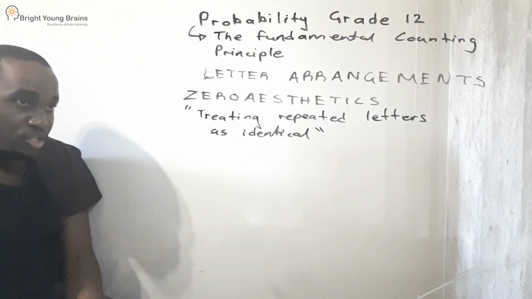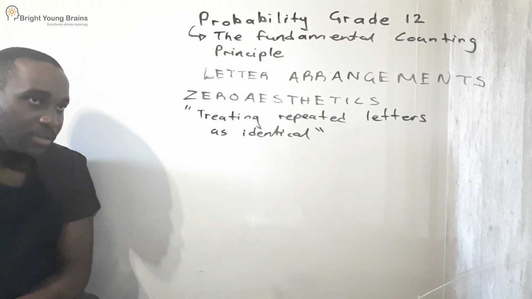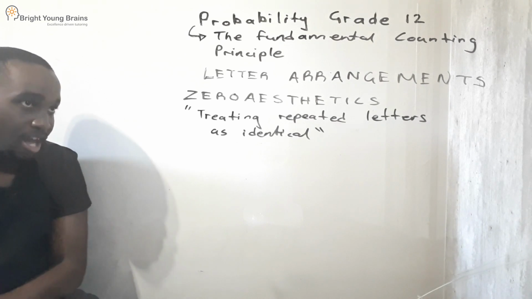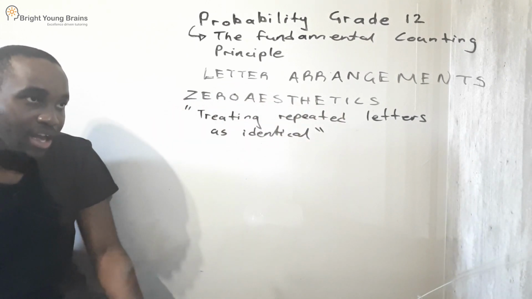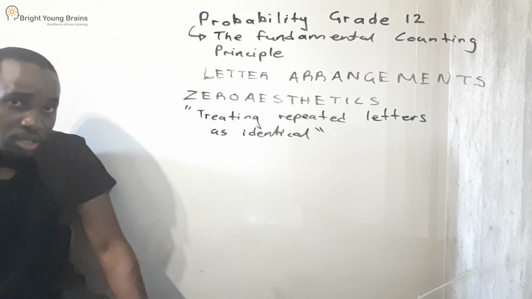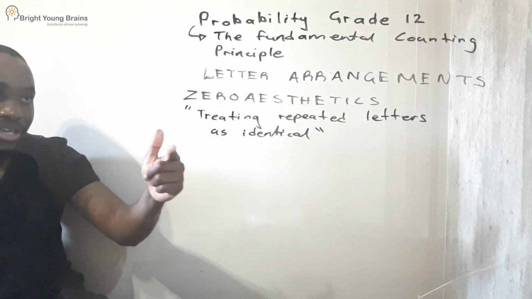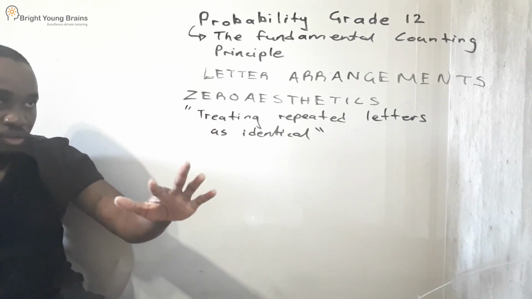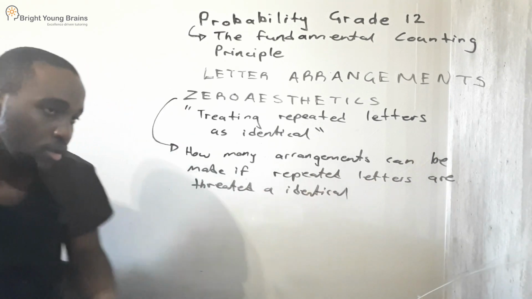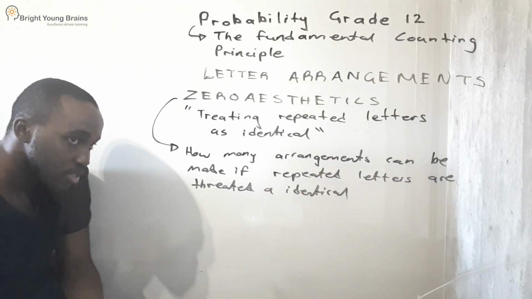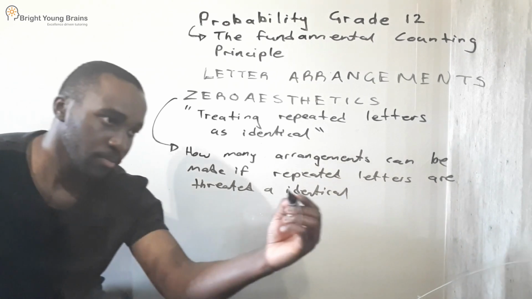However, with questions where you need to treat repeated letters as identical, that basically refers to a scenario where if they ask us to work out how many ways zero aesthetics can be arranged, what we would need to do is consider how many letters we're dealing with and how many letters repeat, you see. So for example, if they were to ask us how many arrangements can be made if repeated letters are treated as identical. So the keyword here is identical.